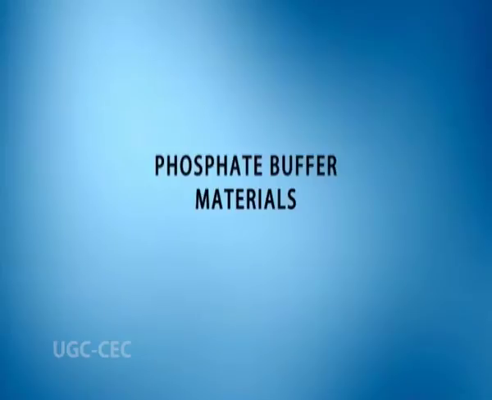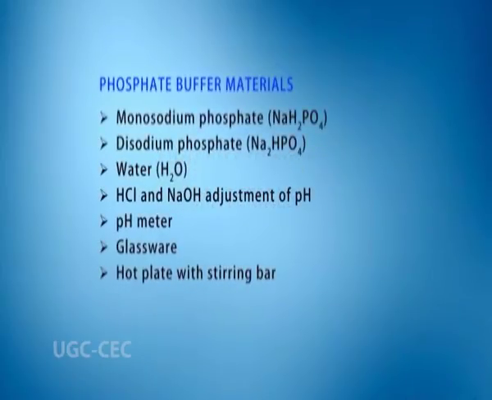This buffer is most commonly prepared at pH 7 using monosodium phosphate and its conjugate base disodium phosphate. Coming to phosphate buffer materials: monosodium phosphate, disodium phosphate, water, HCl and NaOH for adjustment of pH, pH meter, glassware, hot plates with stirring bar.